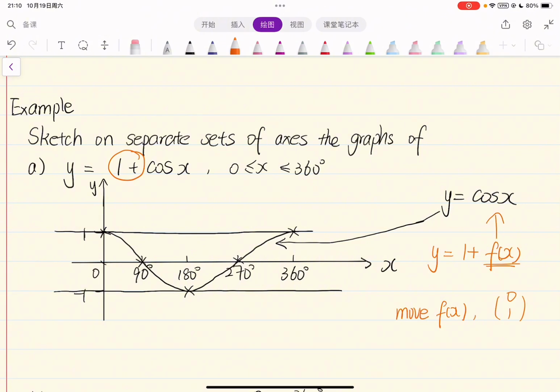So the graph of cosine x moves up 1 unit. Thus, the maximum value of y equals 1 plus cosine x becomes 2, and the minimum becomes 0.